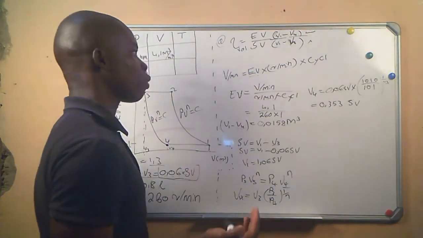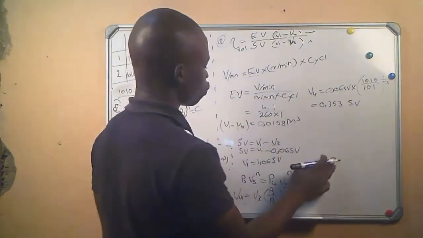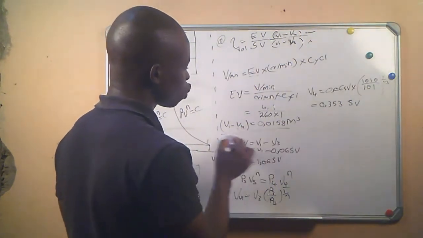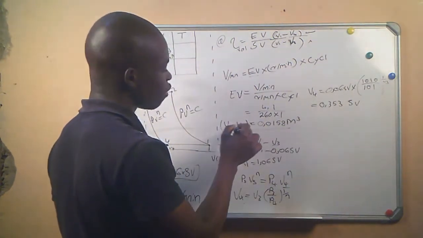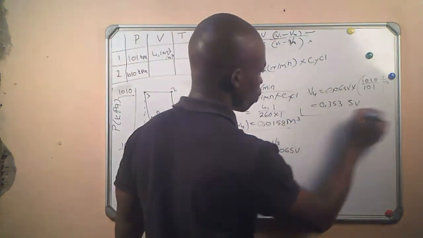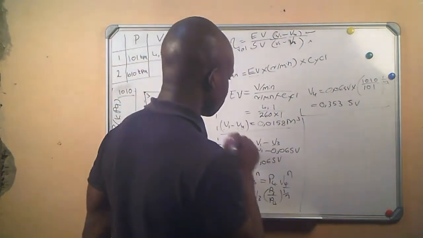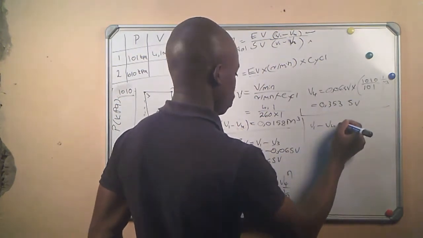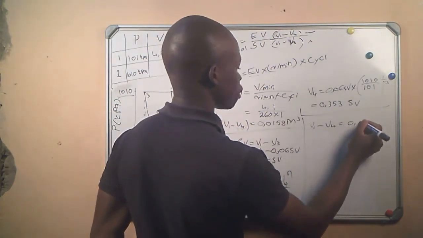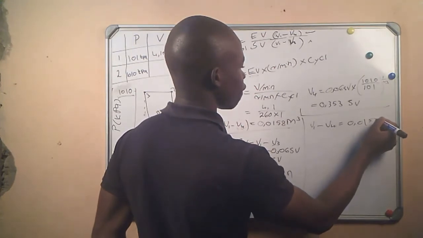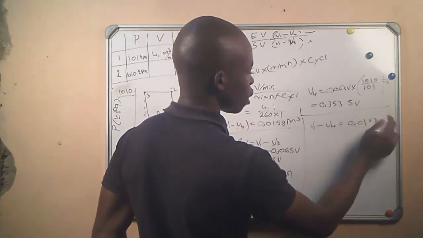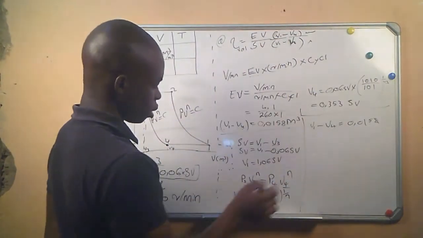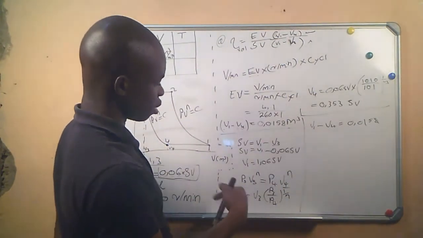So since we are looking for SV, this is not going to be a problem. We come to this formula and substitute the value of V1 and the value of V4. Then we will have something like this. From this, V1 minus V4 equals 0.0158.